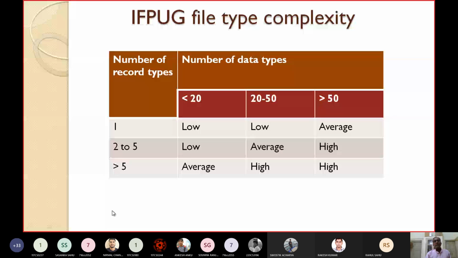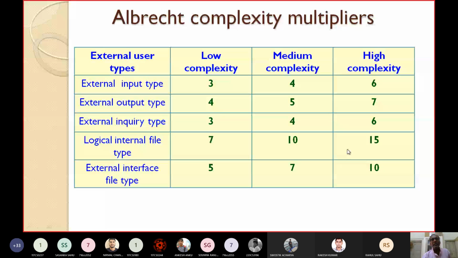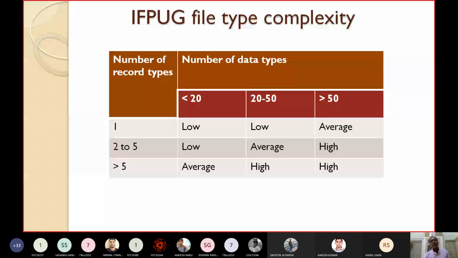Now again, somewhere it may not be given, but for the file type I have already given 7, 10, 15. But in some cases you will see they will just describe the file based on data types and record types.